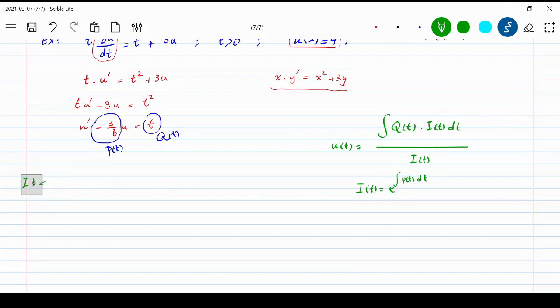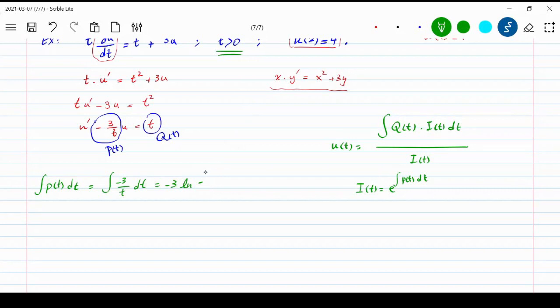For that, I need to figure out the integral of p of t first. This is the integral of p of t dt, which is negative 3 over t dt. That's nothing but negative 3 ln t. And again, since t is given to be greater than 0, you don't need the absolute value.